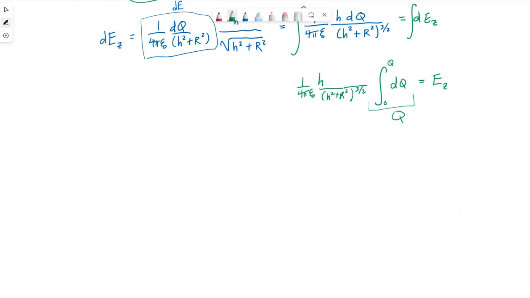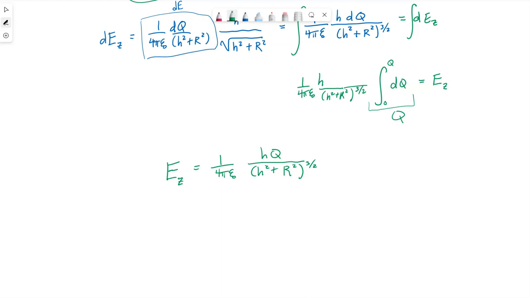So this equation, E sub z for this ring, this is what it looks like.